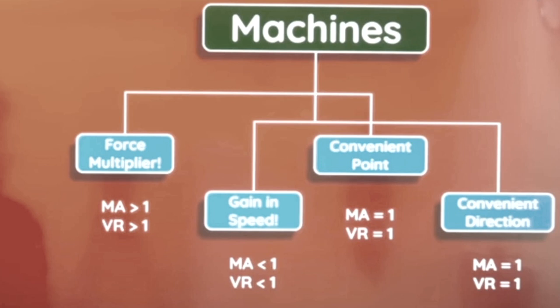Hence, velocity ratio, that is displacement of effort by displacement of load, will be greater than 1. So, in the case of a force multiplier, mechanical advantage will be greater than 1 and velocity ratio also will be greater than 1. Now, when a machine functions as a speed gainer, mechanical advantage, that is load by effort, since effort is greater than load, mechanical advantage will be less than 1.